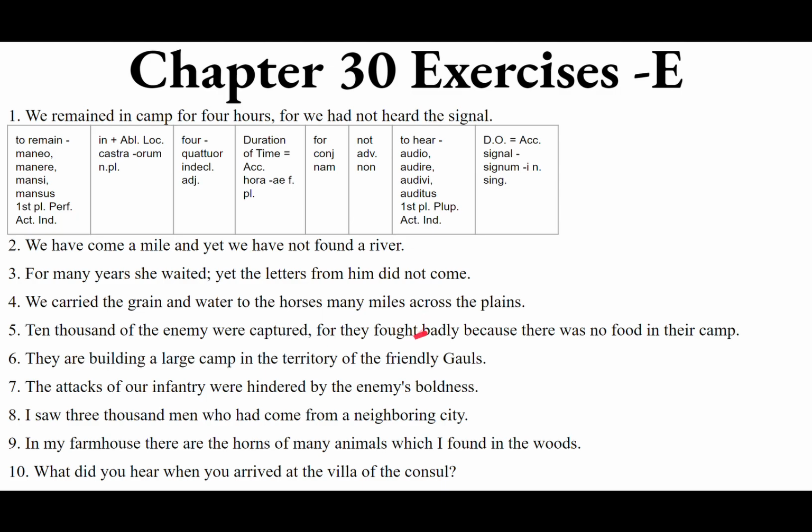Okay, and why was that? Because quod plus the indicative, quod, there was no food, quod erat. All right, no food in their camp. Now I think we've seen this before, where we have enough of something, satis plus the partitive genitive. If you have enough food, you have enough of it, enough of food.